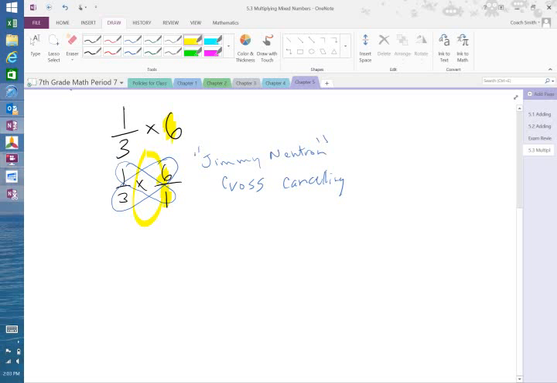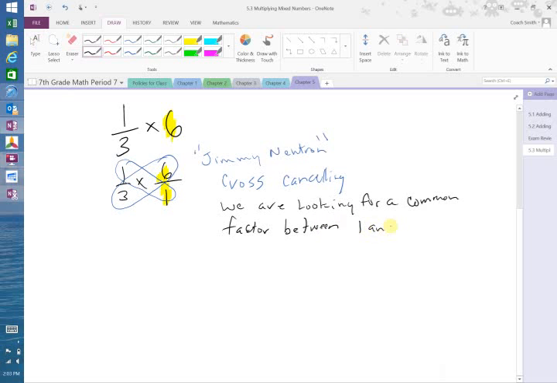Okay. Now, cross-canceling means this. When we cross-cancel, we are looking for a common factor between 1 and 1, or 6 and 3.